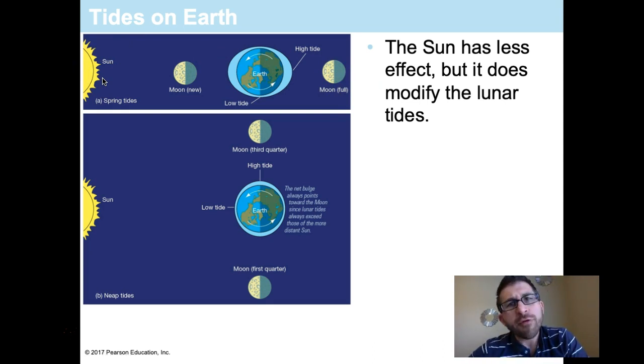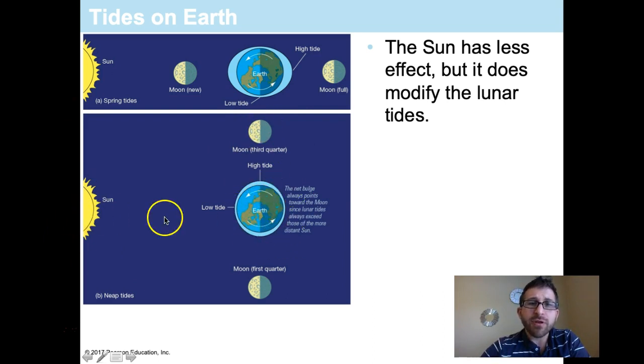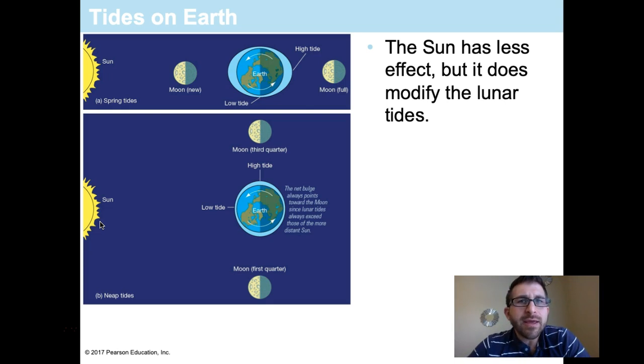At two other positions of the moon, however, the Sun, the moon, and the Earth are perpendicular to each other, or at 90 degrees. And as a result, we end up with what's called a neap tide. A neap tide is the lowest change in tides throughout one day.